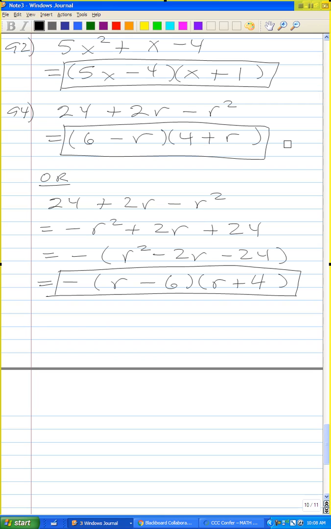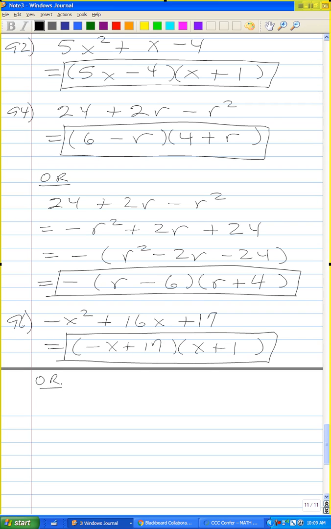Let me do problem 96. So you get negative x squared plus 16x plus 17. So that's a negative x plus 17 plus 1. Negative x squared minus x plus 17x is plus 16x plus 17.